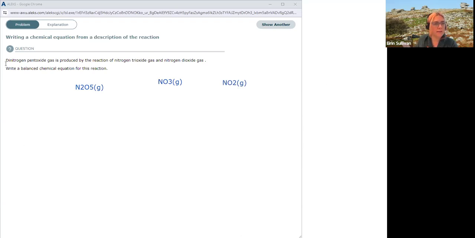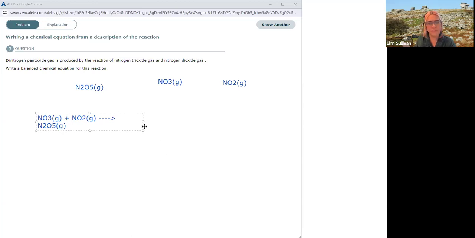So what are the reactants? Dinitrogen pentoxide is produced, so that is a product. Nitrogen trioxide and nitrogen dioxide are reactants. So NO3 gas plus NO2 gas goes to form N2O5 gas. We're told those are all gases.